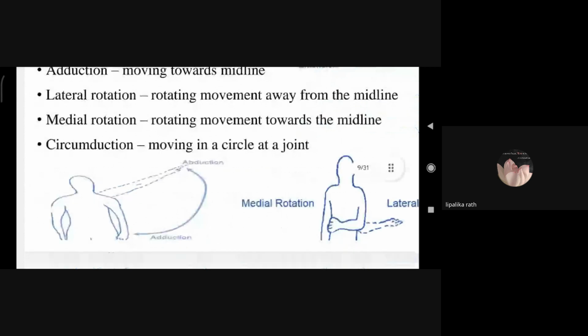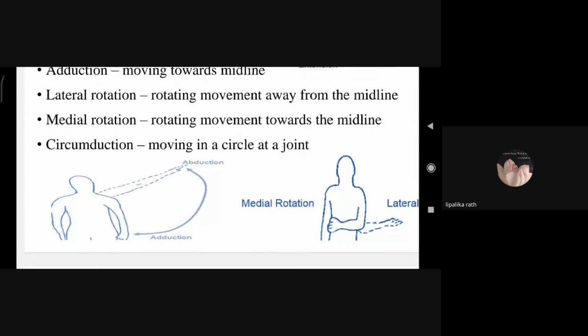Now, next is circumduction. Circumduction is moving in a circle at a joint. For example, when we are making circles with our hands or our legs, then it is circumduction.